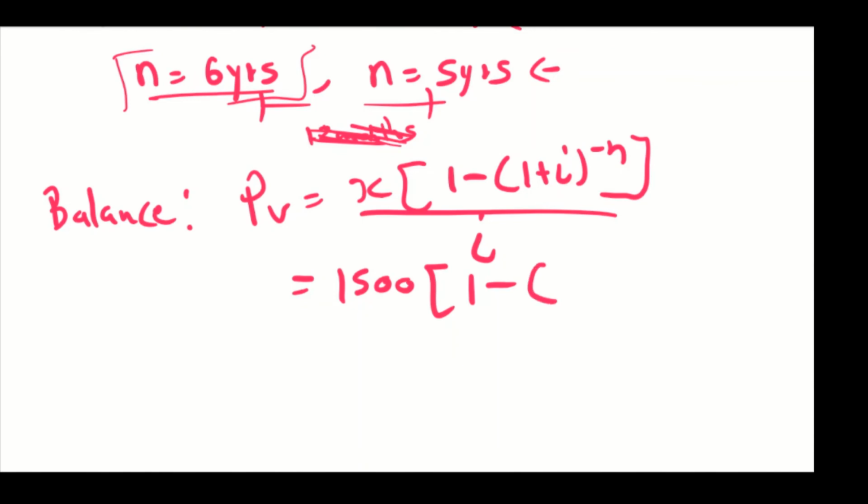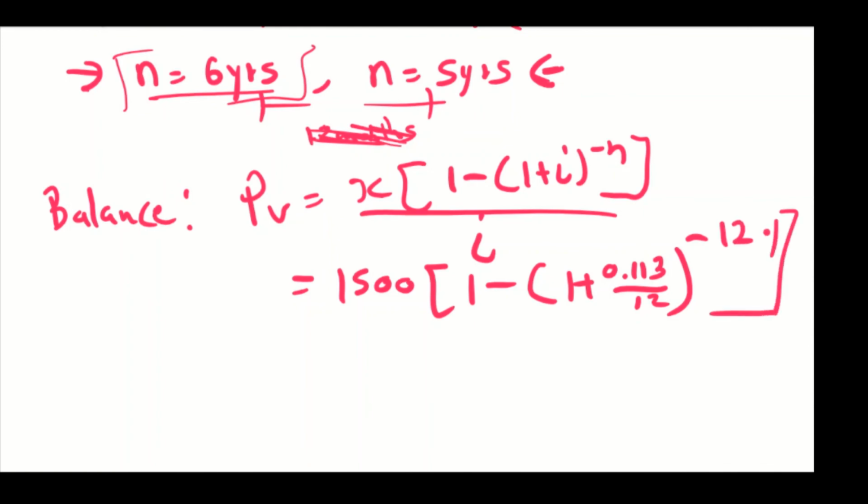So it's 1 minus (1 plus the interest rate of 13.3%, which is 0.113 divided by 12, right? Remember, as I said, we were looking at 6 years, but now we're looking at how many years? At 5 years, right? So the difference between these two is just 1 year. So I'm just going to write 12 for monthly and multiply by 1, right? And then divide it by 0.113 over 12.